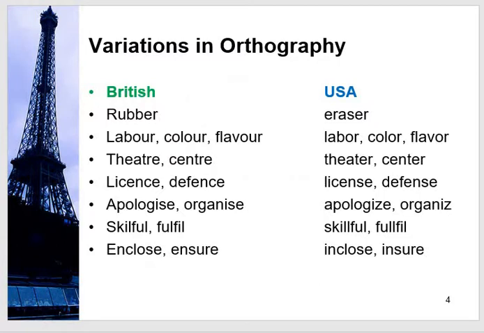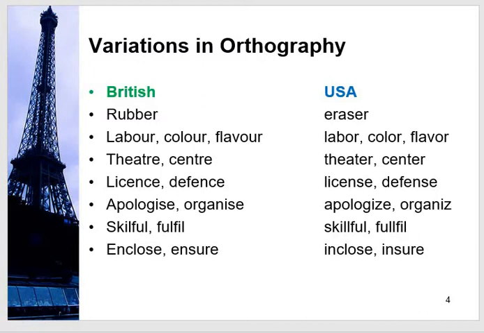Spellings have also been changed, and words have also been changed. Here in this chart you will find both examples. The first example is related to vocabulary variation, like rubber is called in British and eraser in American English.